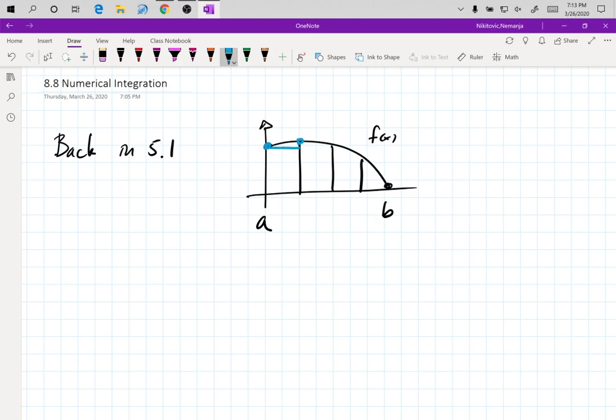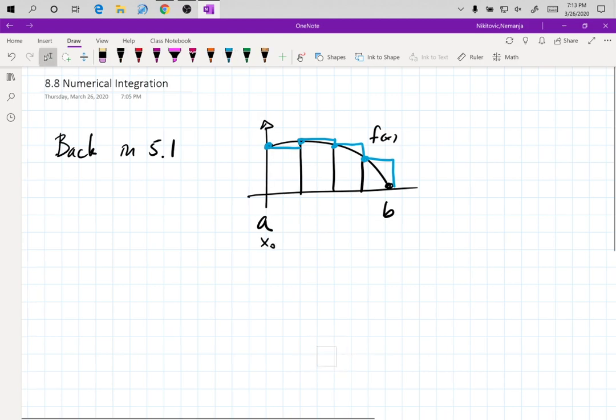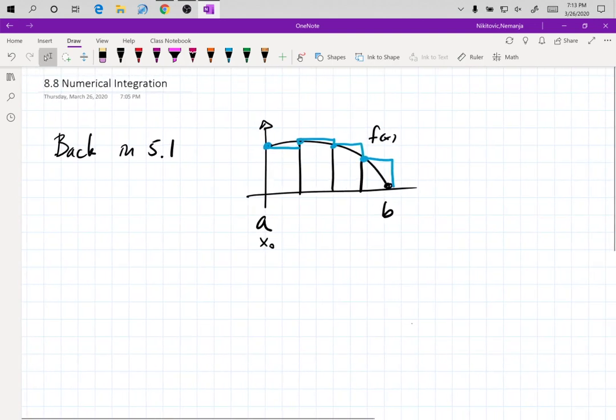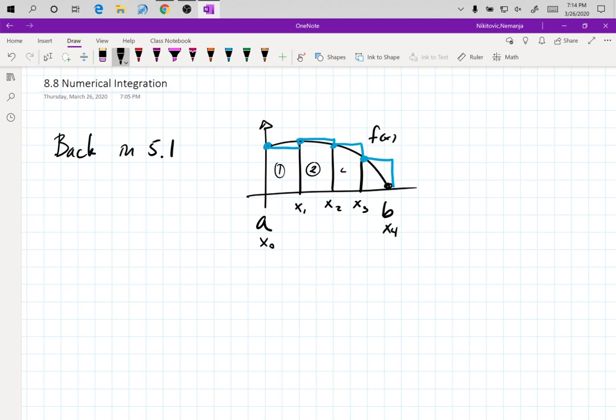So here is the left sum. This was our x0 value, this was our x1, x2, x3, and in this case x4. We had, in this particular case, four rectangles. You can have more or less, it doesn't matter.